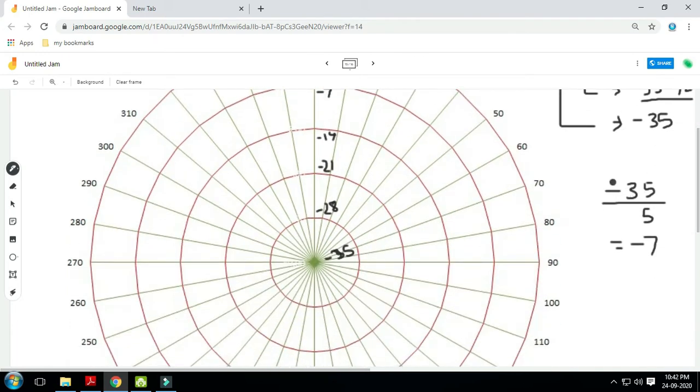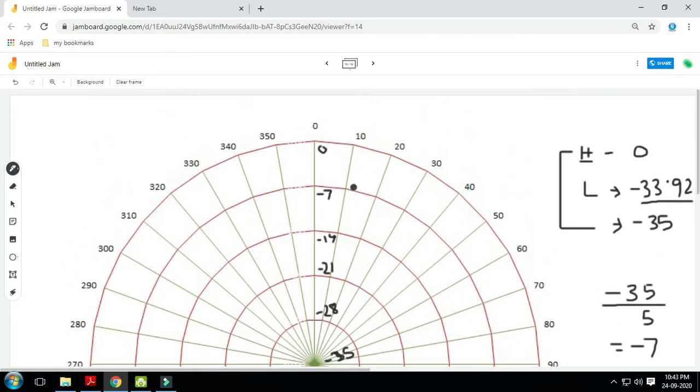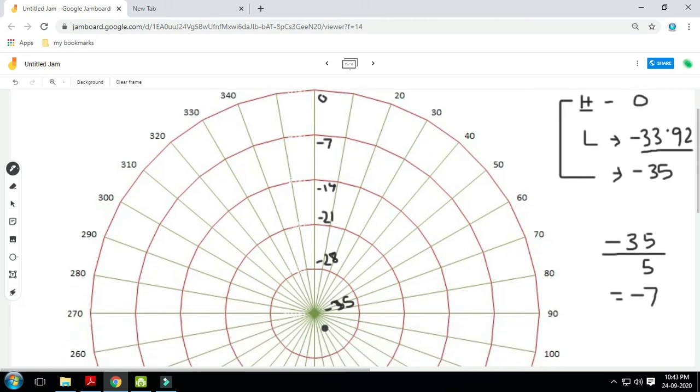Then take the difference of the highest and lowest value, divide it by 5 as it is a 5 division graph. Then you get each division. So put that division accordingly, then you have scaled your graph.